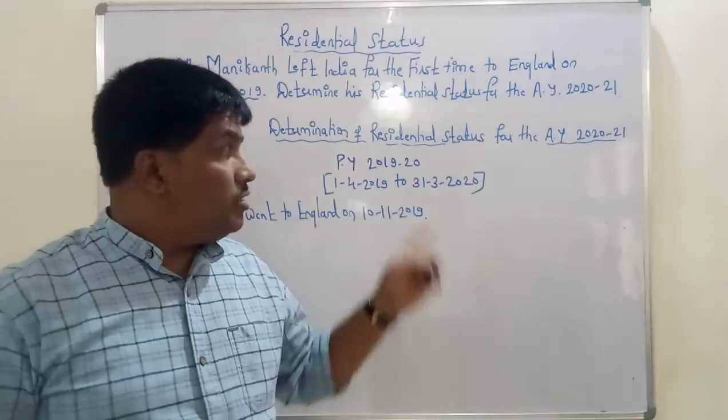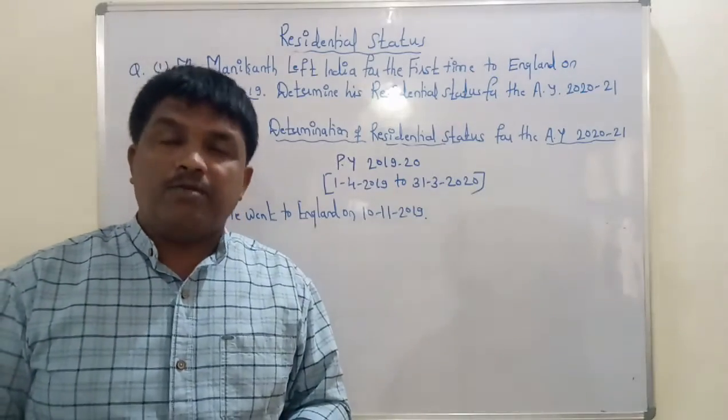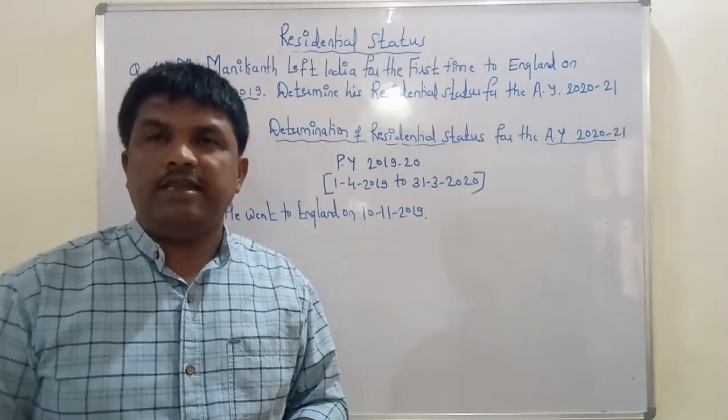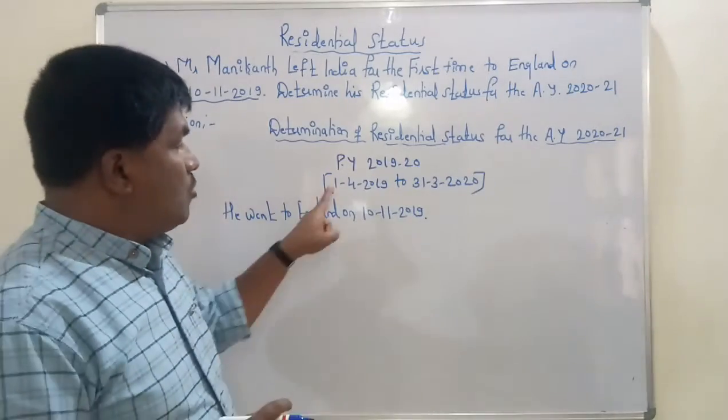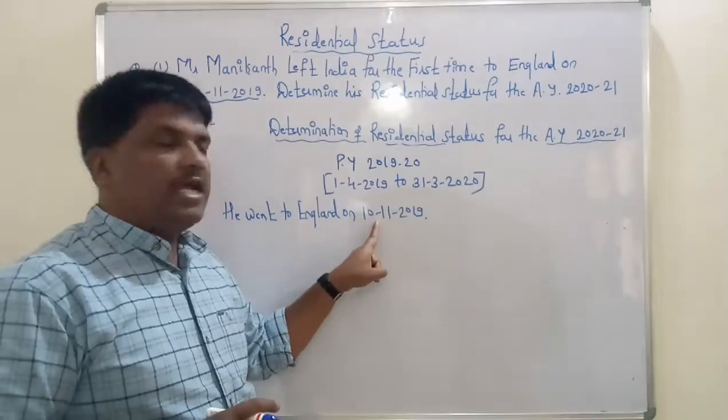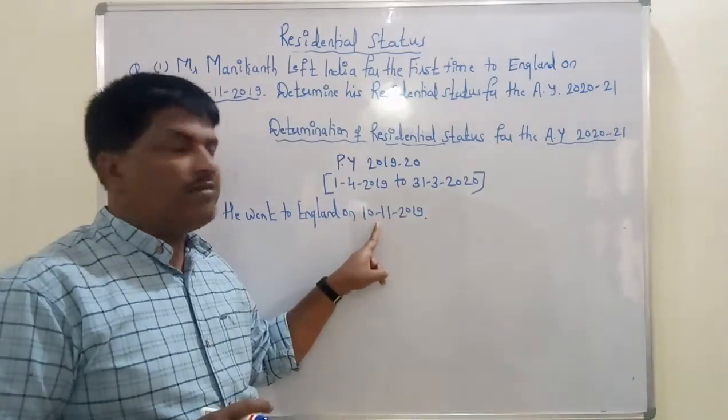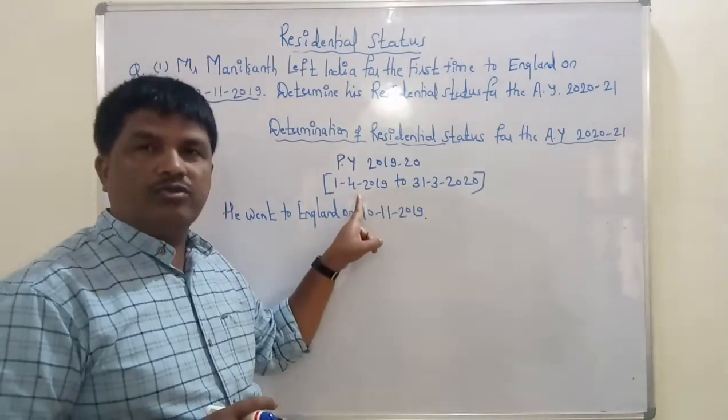Then during the previous year, from which date to which date did he stay in India? During the previous year, he stayed in India from 1/4/2019 to 10/11/2019, because the beginning of the previous year is 1/4/2019.